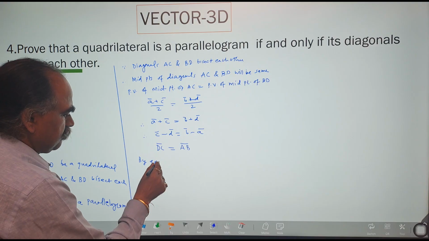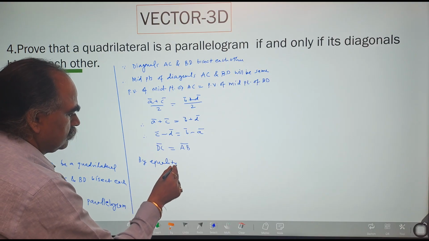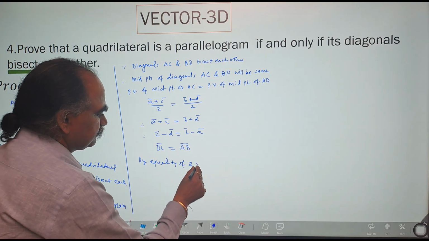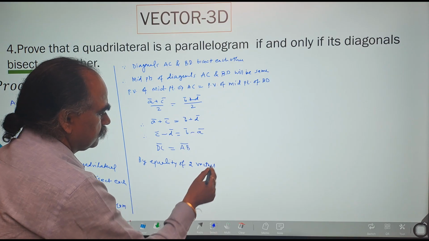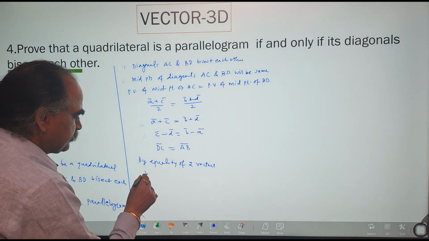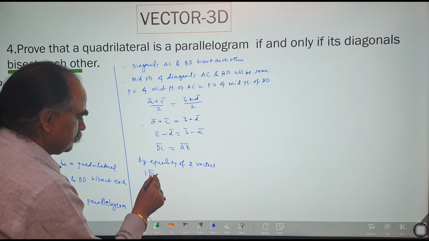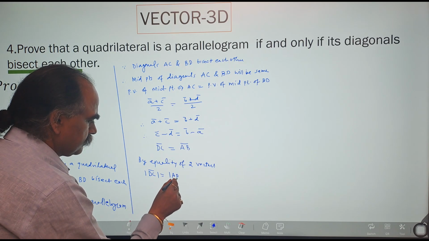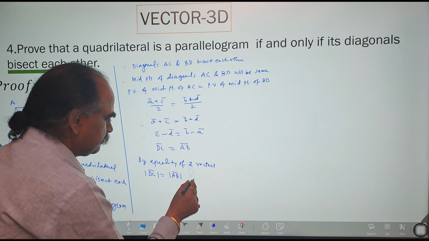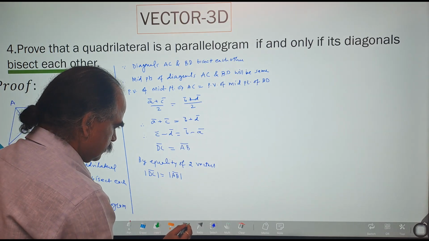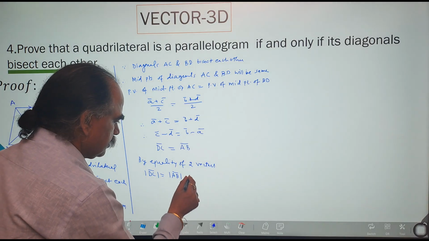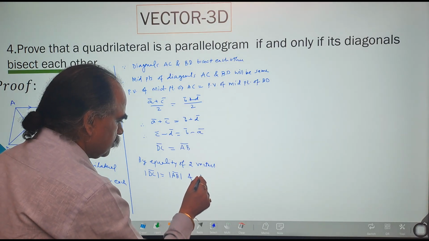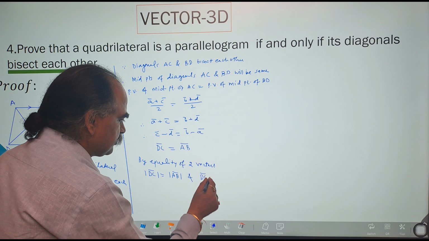By equality of two vectors, magnitude of DC bar is equal to magnitude of AB bar, and DC bar is parallel to AB bar.